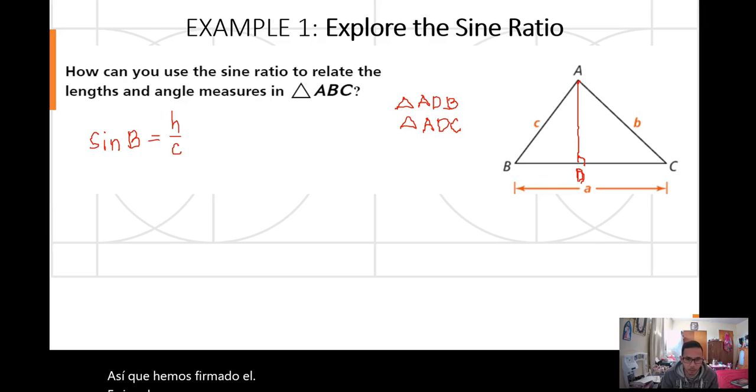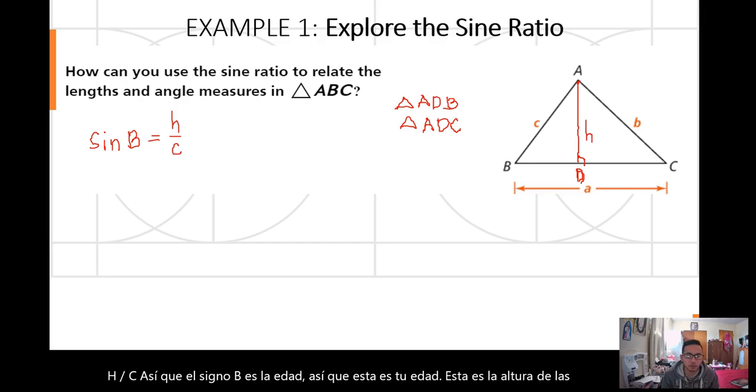Sine B is h over c. This h is the height of the altitude, h over c because it's opposite over hypotenuse.